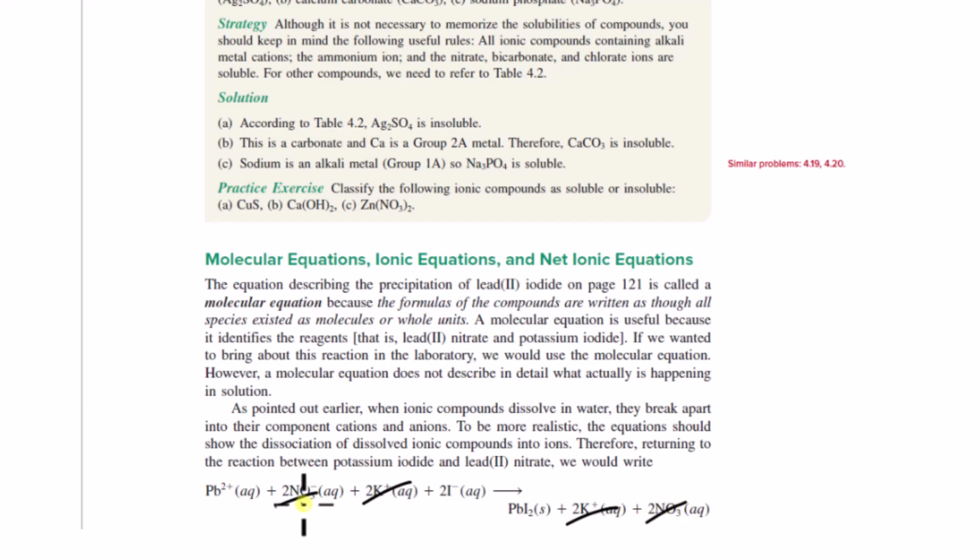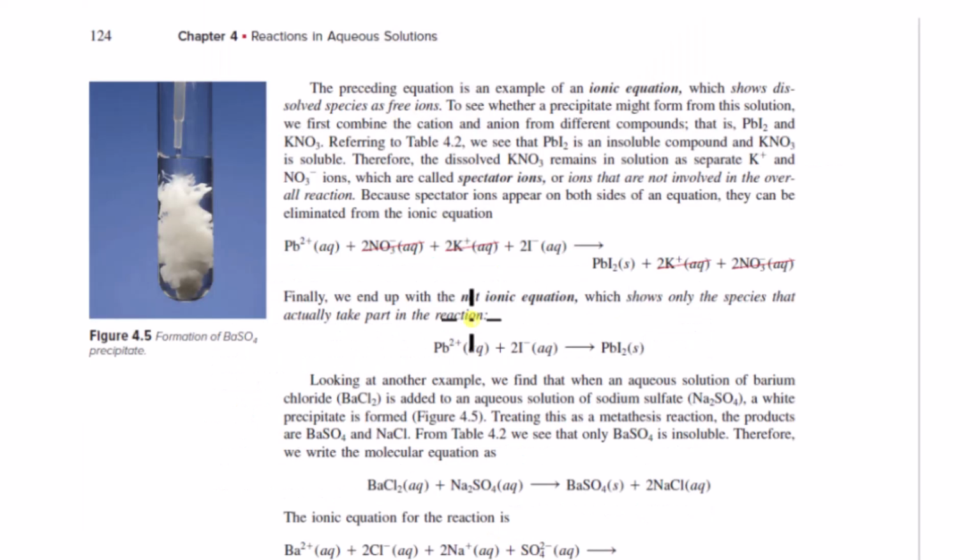And when you do that, what you're left with is what's called the net ionic equation, which shows only the species that actually took part in the reaction. Pb2+ aqueous plus 2 I- aqueous gives PbI2 solid. So this is showing you the chemistry that took place, or more specifically the actual chemical reaction that took place in this aqueous solution.